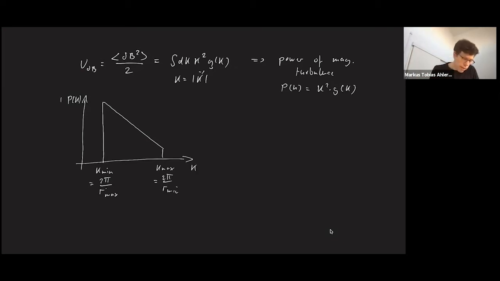So this is the log of P(k), and this is the log of k. Integrating this entire distribution gives back the energy density of the turbulence.